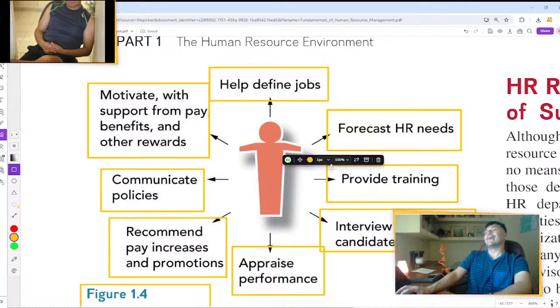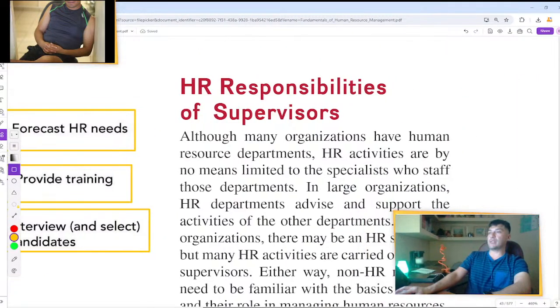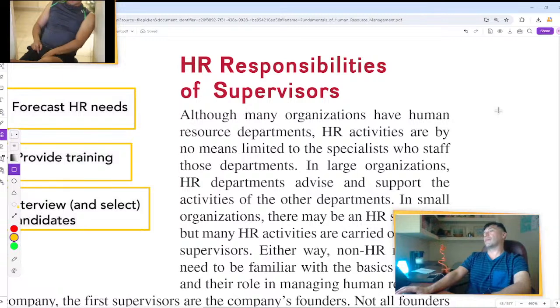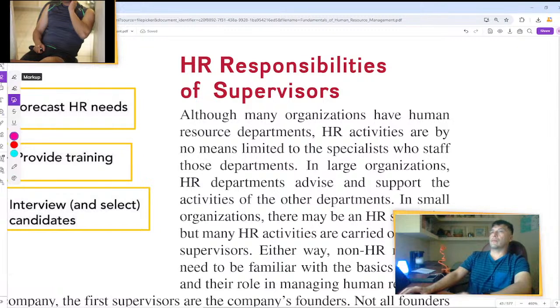So the supervisors have very specific responsibilities here. Can you help me read about the specific responsibilities of supervisors? Well, the way I look at a supervisor is different than a manager.